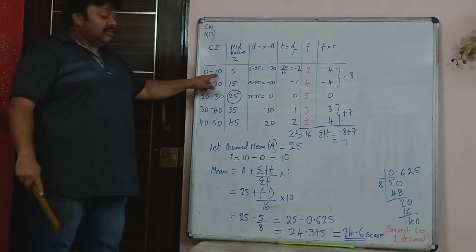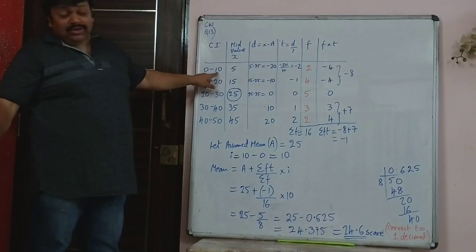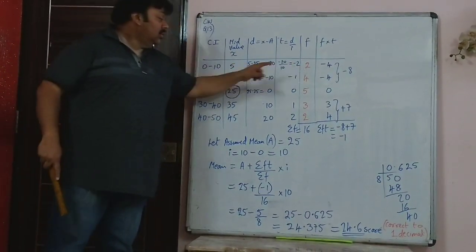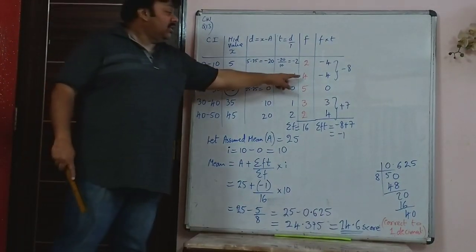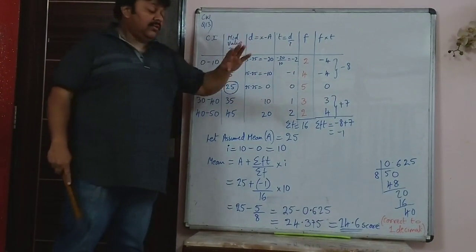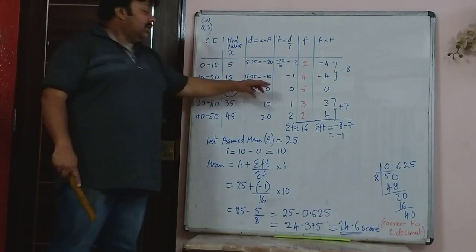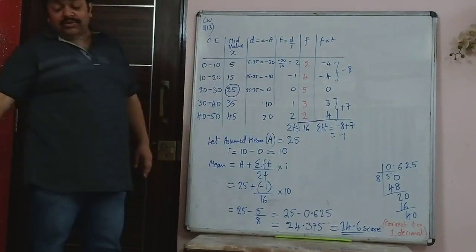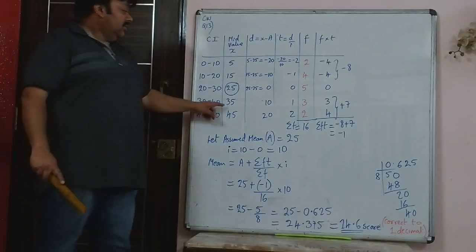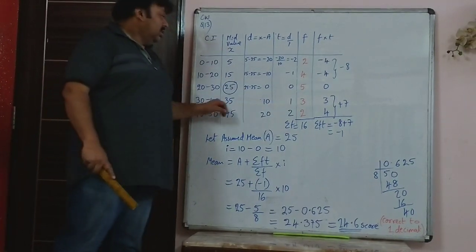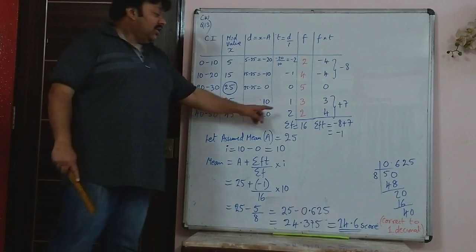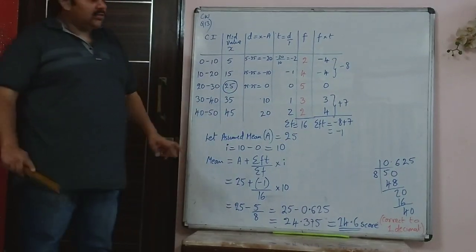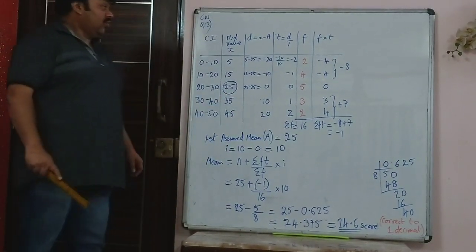So 0 to 10, that is having frequency 2. Then 10 to 20, frequency corresponding to that class is 4. 20 to 30, corresponding frequency is 5. 30 to 40, corresponding frequency is 3. 40 to 50, corresponding frequency is 2.